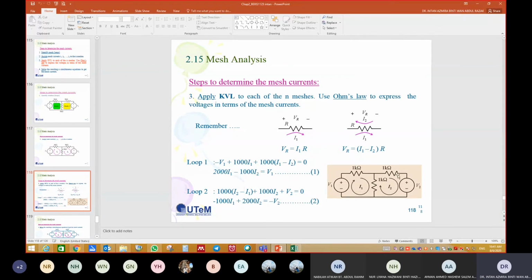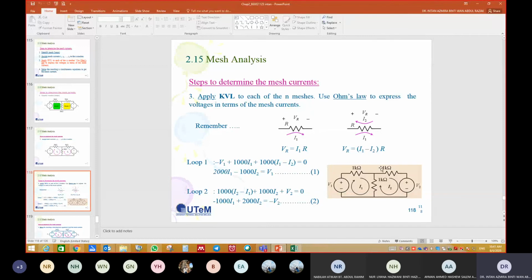And then loop 2, 1000 times (I2 minus I1) is here. Okay, 1000 I2. Why I2 positive? Because I2 flows through the 1K here, and at the same time the flow of I2 is opposite with I1, so minus I1. So now I1 is in the opposite direction with I2, plus 1000 I2.